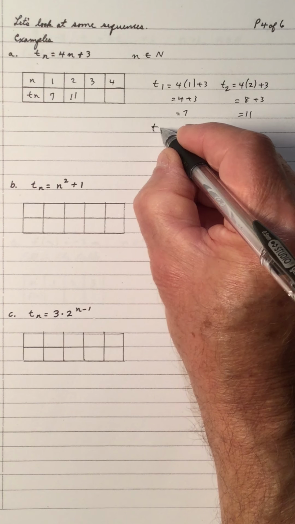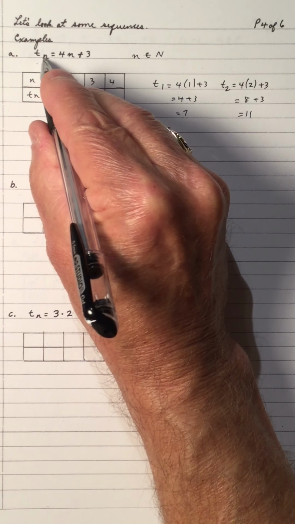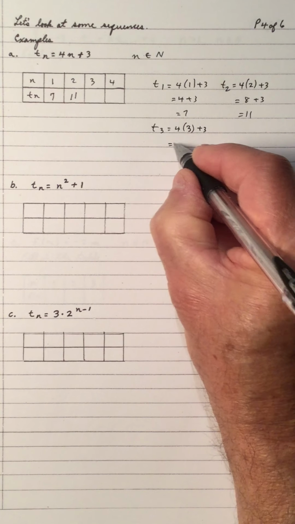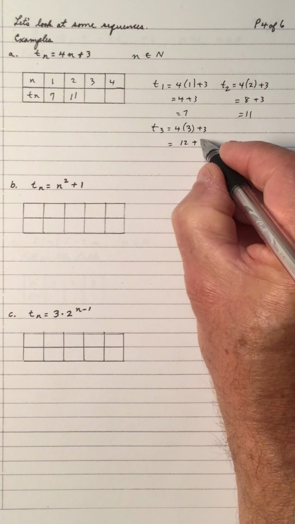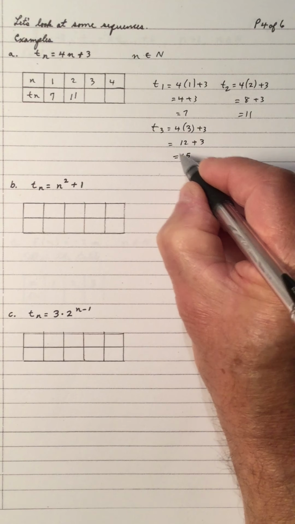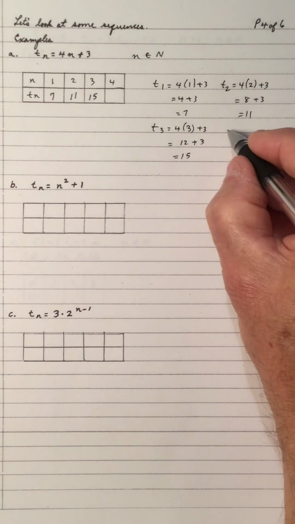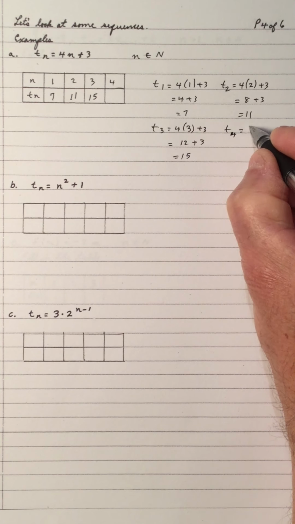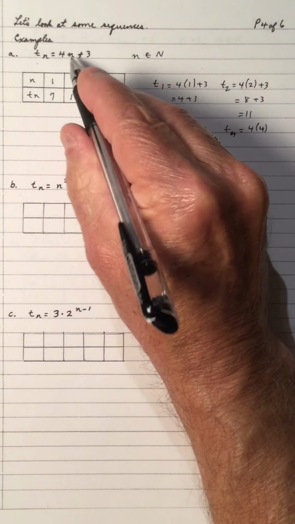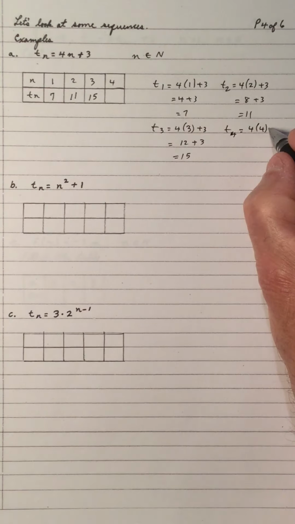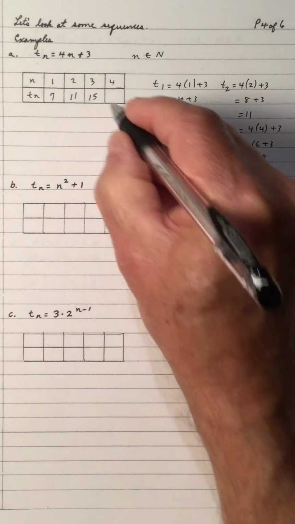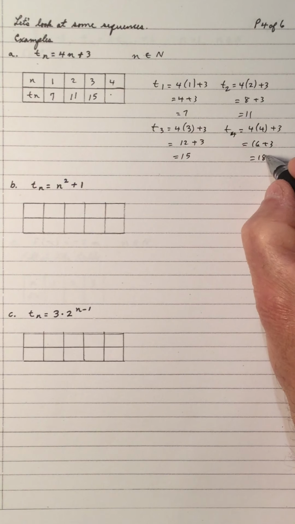And t3, so notice we're putting 3 here and 3 here. So term 3 is 12 plus 3 is 15. And we're going to do n is 4, so term 4, t4, put a 4 in, plus 3. 16 plus 3 is 19.